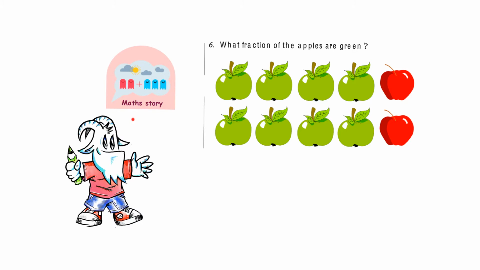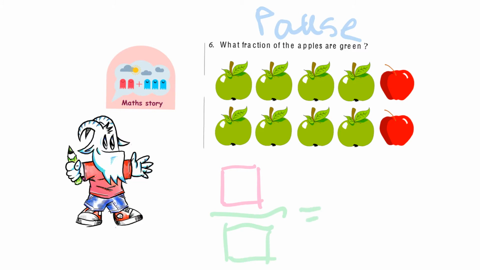Let's look at our math story. And we are going to have a look at a group. And the question is, what fraction of the apples are green? At this point, I would like you to try and pause, try to express the fraction of green apples and see if you can turn it into a fraction with the denominator of 100 and a percentage.